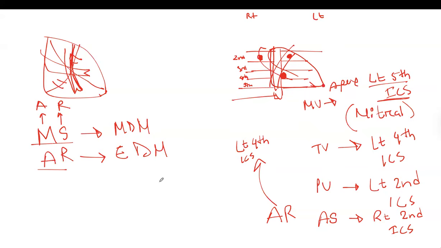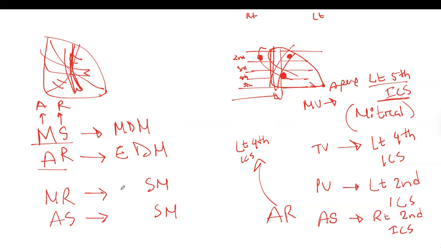Now, what is left? We have done mitral stenosis, so mitral regurgitation is left, and aortic regurgitation is done, so aortic stenosis is left. These two are systolic murmurs.